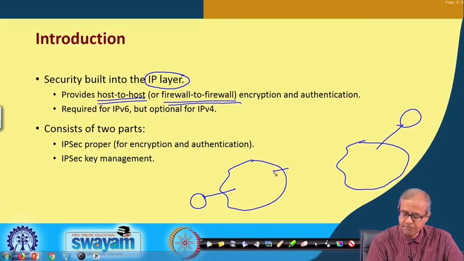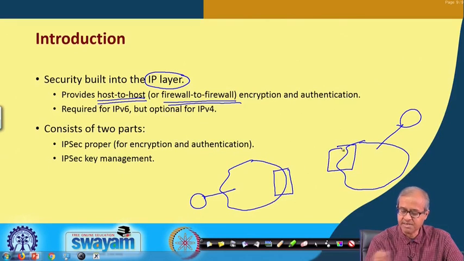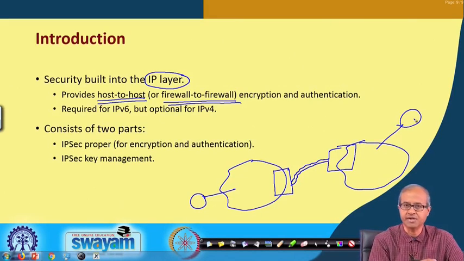But there can be one firewall sitting at the boundary here and another firewall at the boundary here. So, this authentication and protection can be provided for the connection between these two firewalls if you want, or it can even be from host to host, or end to end.